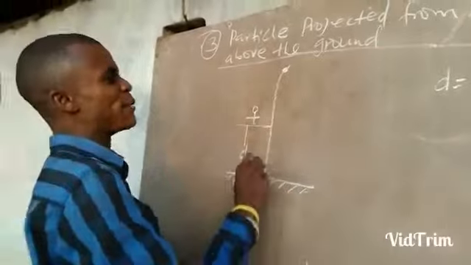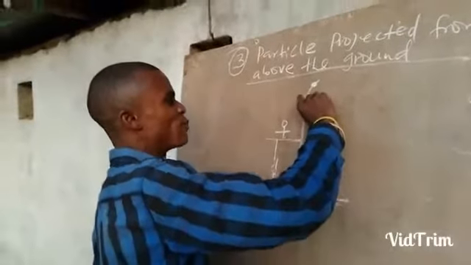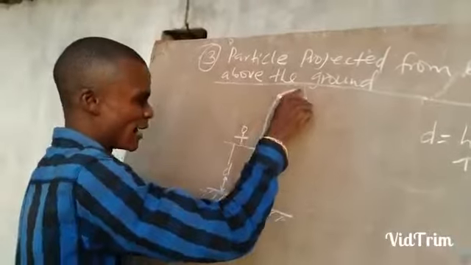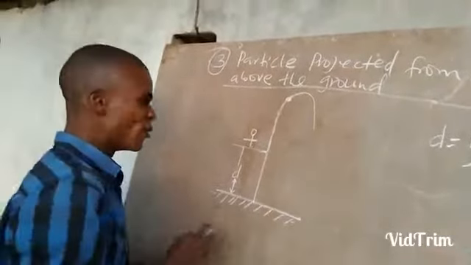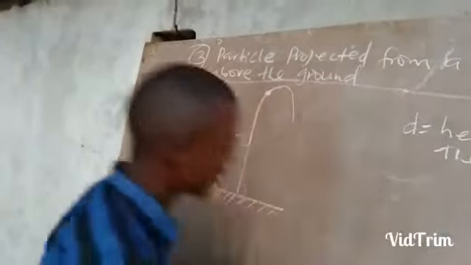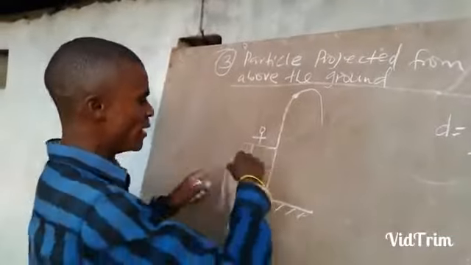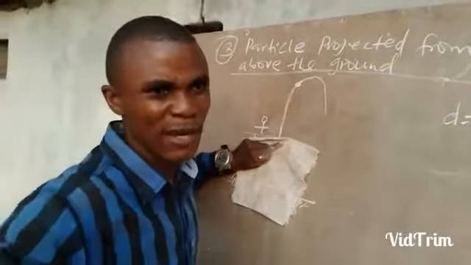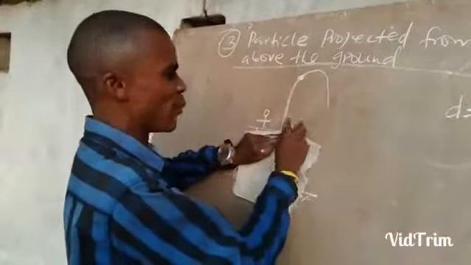When the person projects the object upwards, the object will also come down. We said when the object wants to fall, it will make a curve and then it falls this way. Now, if I cover some aspect here, the moment I cover this region here, it appears like case number one. That means the object was projected from the ground, if this point is covered.